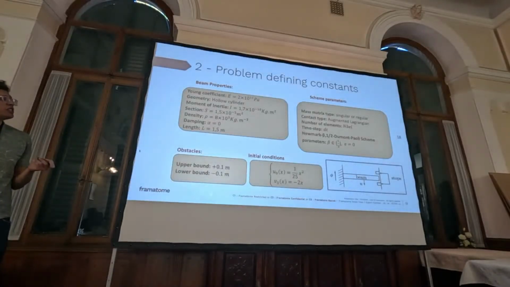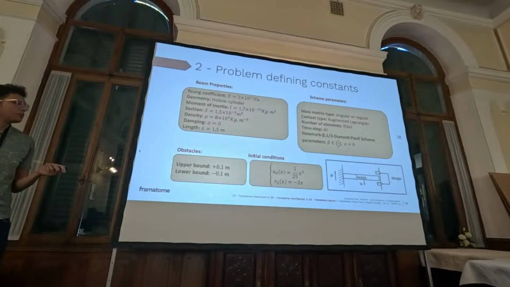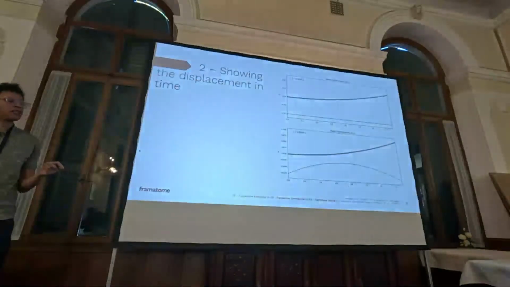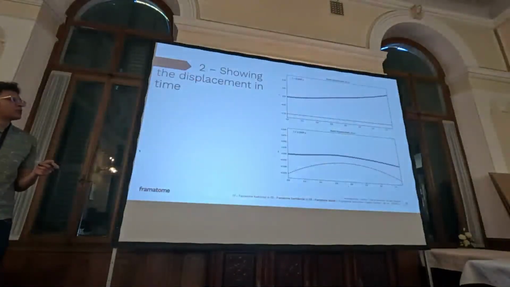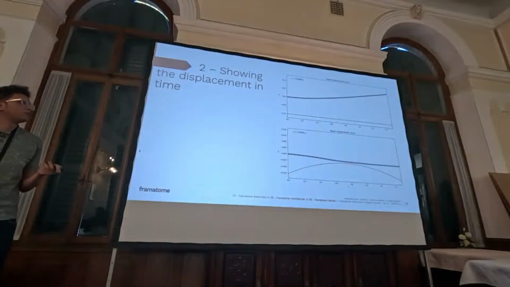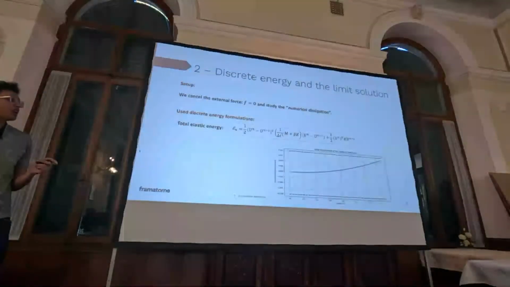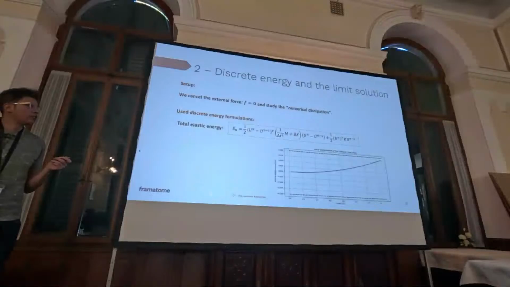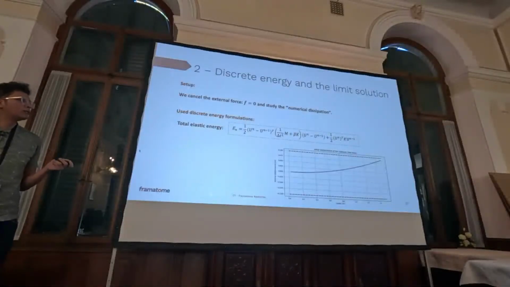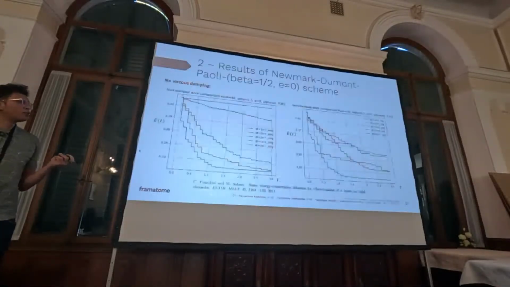So for the problem definitions, we have these constants, and we define initial conditions and two boundaries, upper and lower, and we don't have any solicitation. So we have some animations of some simulations, and here's our energy formulation that we will plot.